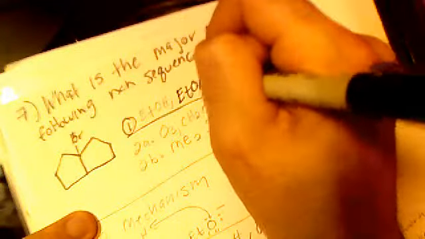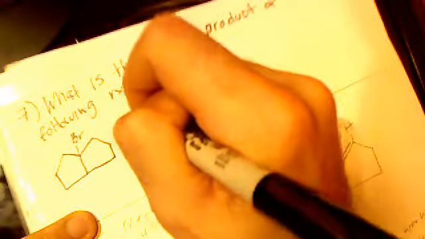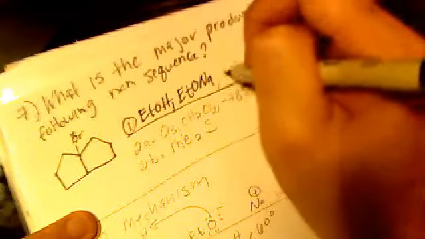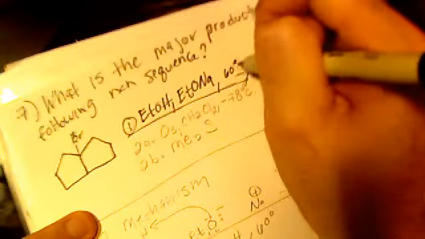So they give us this bicyclic compound, and there's a bromine attached, and what they tell us is first they treat it with sodium ethoxide, which is just an ethoxide ion diluted in ethanol, and it's at 60 degrees Celsius.